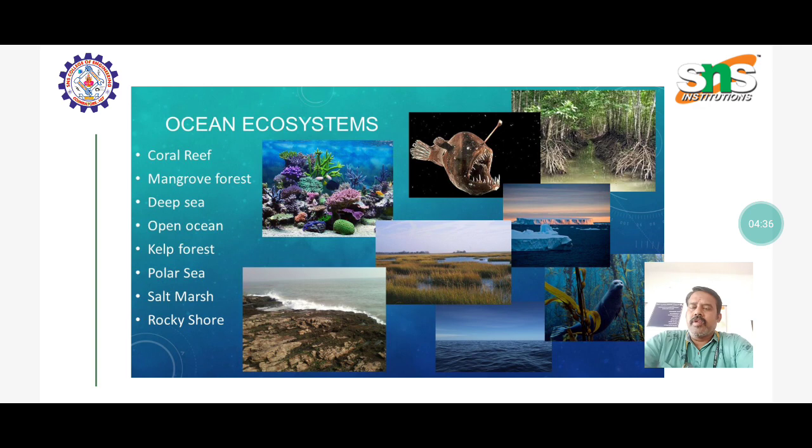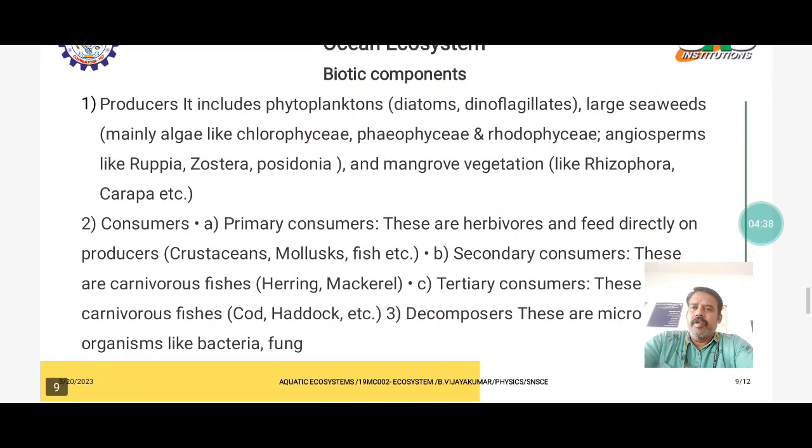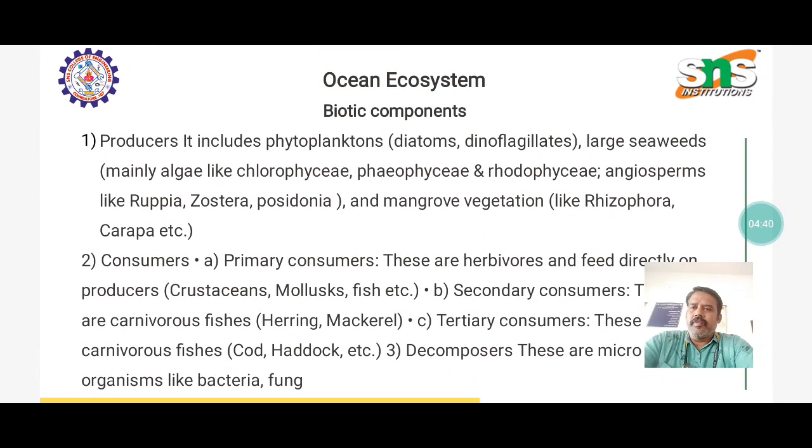The ocean ecosystem has biotic components, which we already discussed in previous topics: producers, consumers and decomposers. The producers are only the leaves in plants, and consumers are different types of herbivores. The secondary consumers are carnivores, and tertiary consumers are carnivorous fishes.